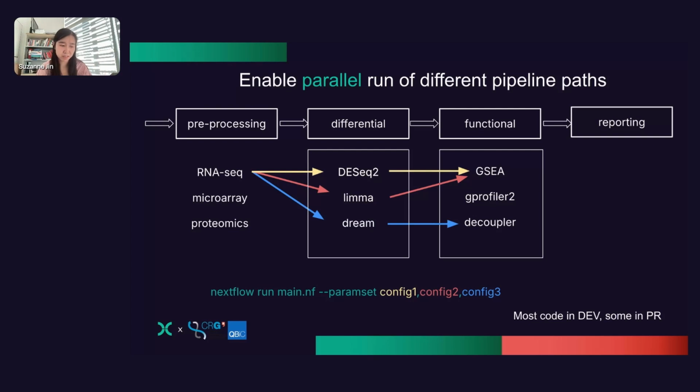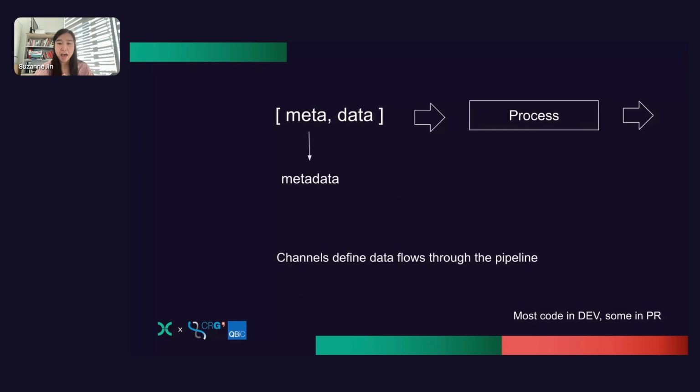And this is what took us quite a bit of effort, because it's quite different from what other pipelines usually do. So in a standard pipeline, a channel usually defines the flow and the stream of data through the pipeline.